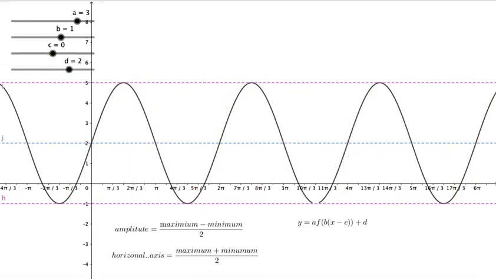What is the period of y is equal to 2 sine x plus 2, the black wave? The period is 2 pi. I always find it most beneficial to measure a period, the wavelength, as from crest to crest, and that is 2 pi.